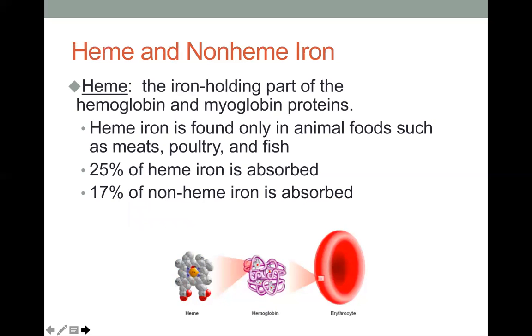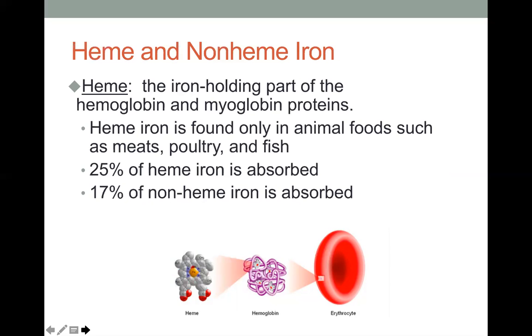There are two different types of iron found in foods that we consume, and there is heme iron and non-heme iron. Heme iron sounds like hemoglobin, and heme iron is exactly the type of iron that we do see as part of hemoglobin and found in red blood cells. And so heme iron holds the oxygen, or has the iron in the center so that the iron can bind the oxygen.